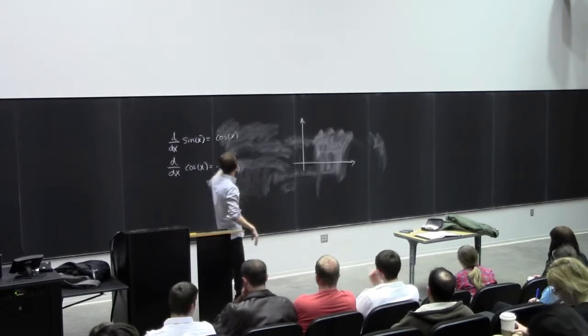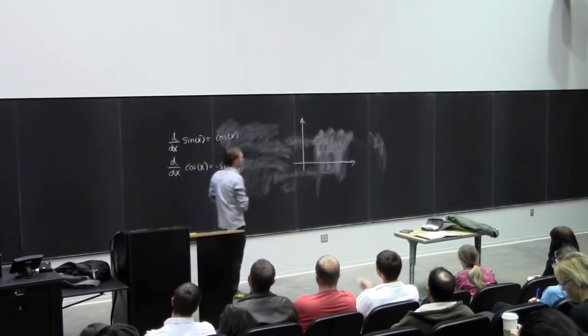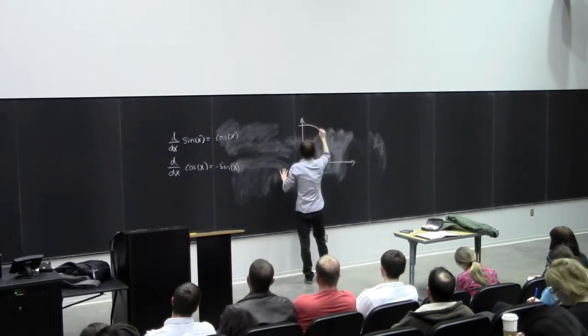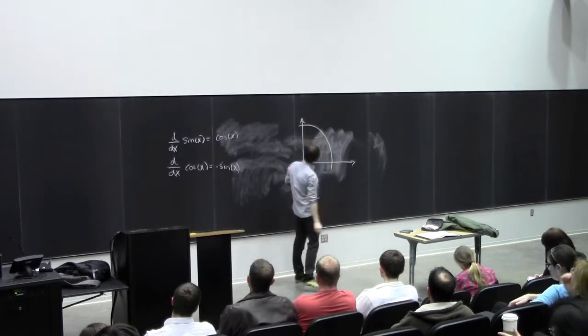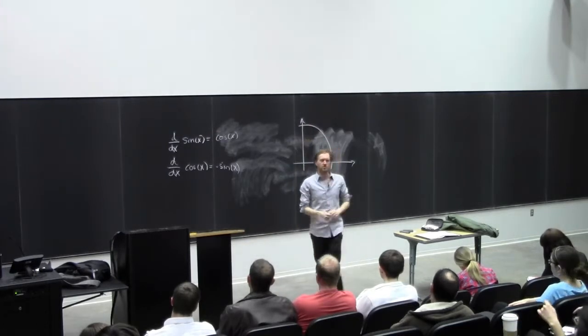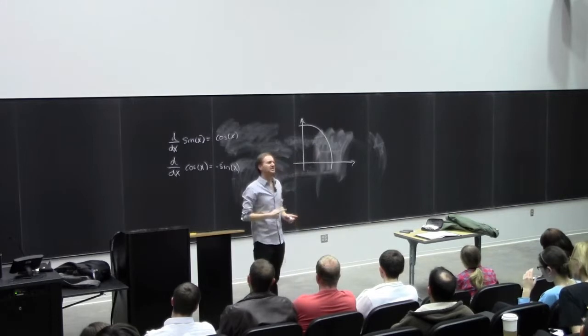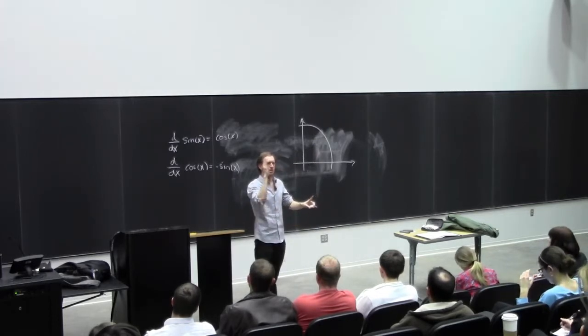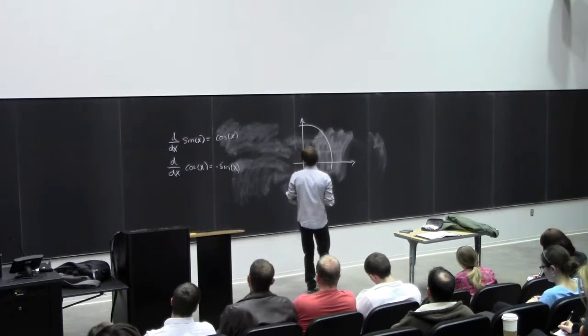Okay, so here's this picture I have for the derivative of sine of x equals cosine of x. You start with a unit circle. If you draw a quarter of a unit circle, where is sine? What is sine on the unit circle? It's the y value.